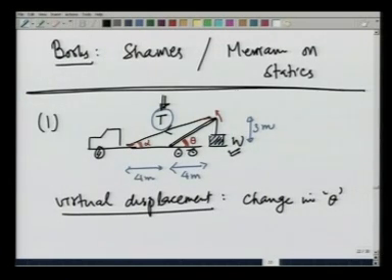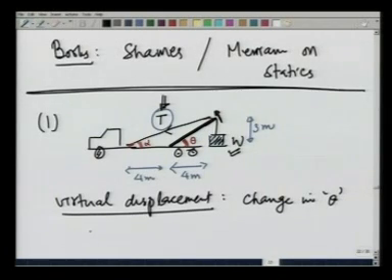The constraint force is the force provided by the shaft because of its rigidity. So, the work done by that is going to be 0, because the displacement is always perpendicular to the shaft, and so we have to calculate the work done by W as well as T, the tension, and make it equal to 0.